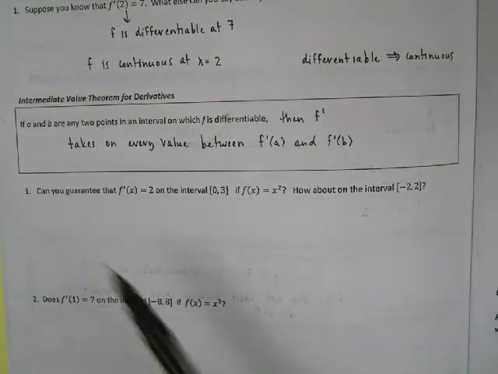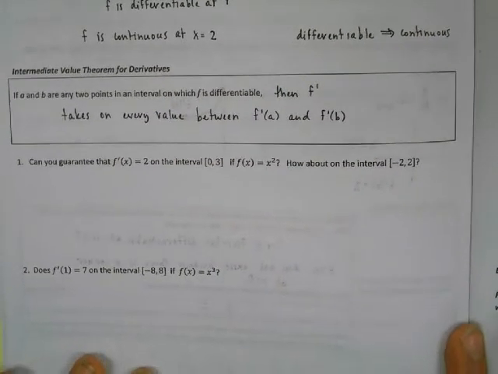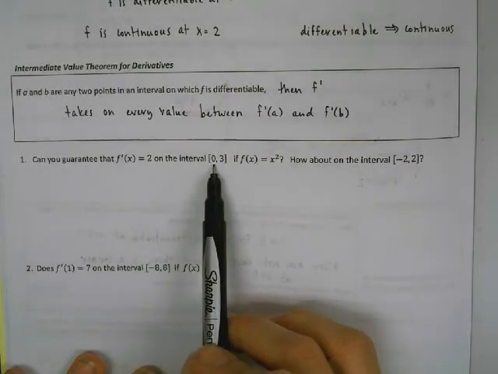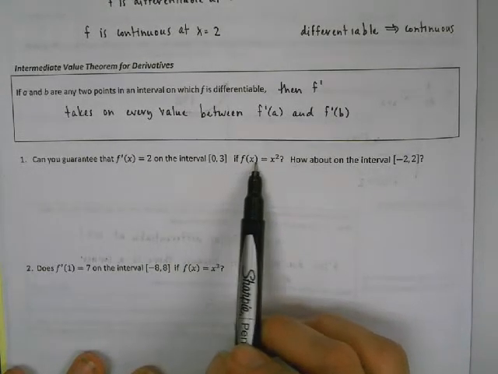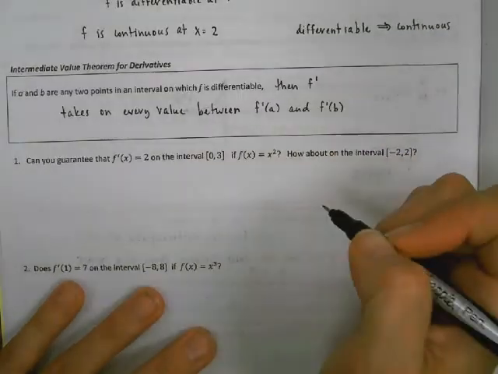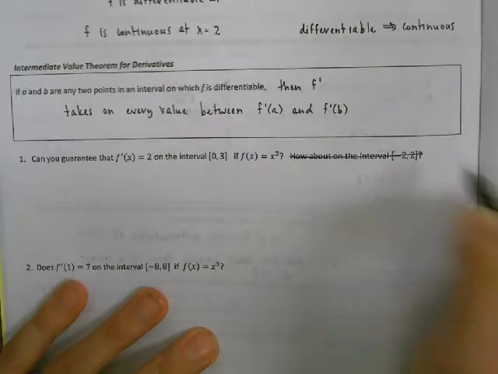So the first question we have, and we'll actually just do one, and then that'll be the end for today, wants to ask if we can guarantee that f prime of x equals 2 on the interval from 0 to 3 if f of x equals x squared. We'll just worry about that first interval.